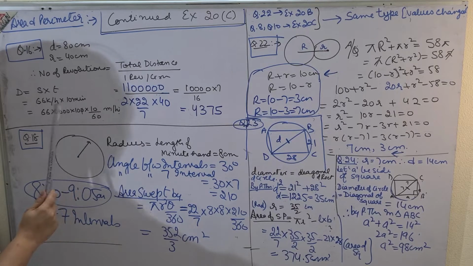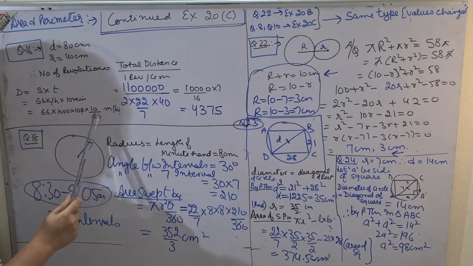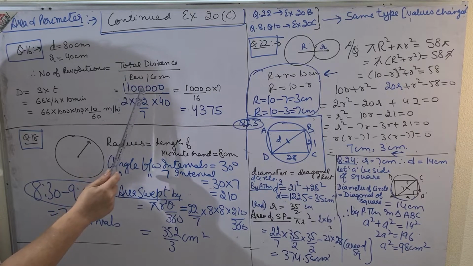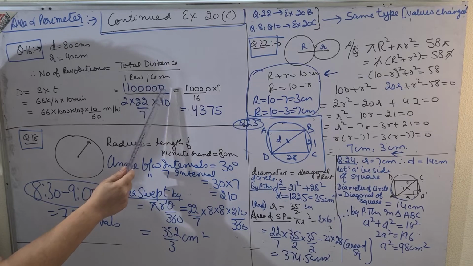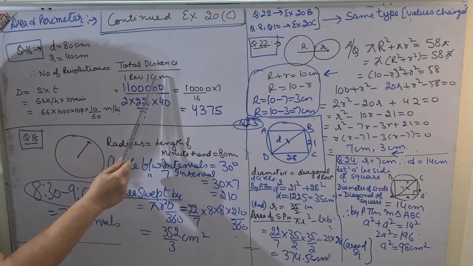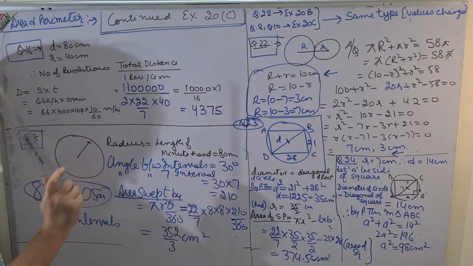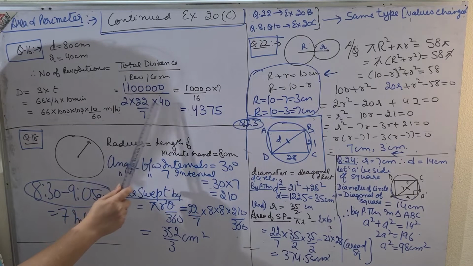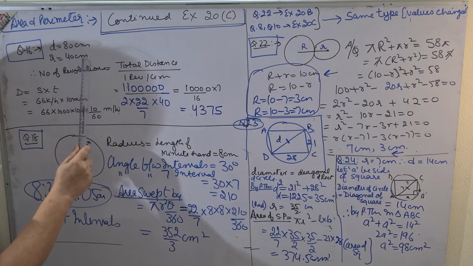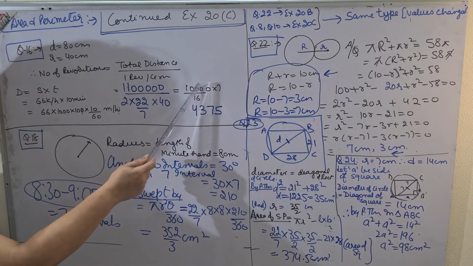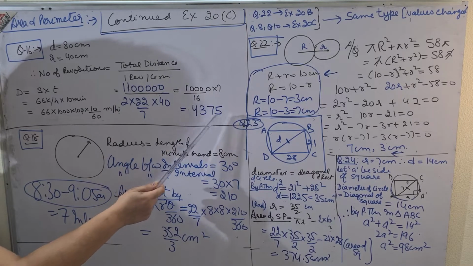So this is my same unit now. After calculating, I got 1100000 upon one revolution, and one revolution is equal to one circumference, 2 pi r, where r was 40 centimeter. After calculation, children, you will get 4375.